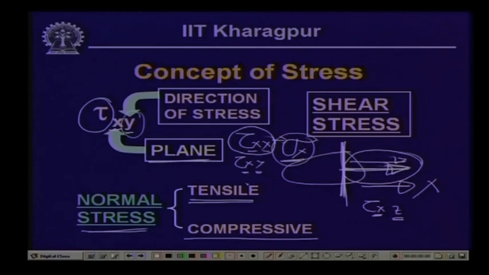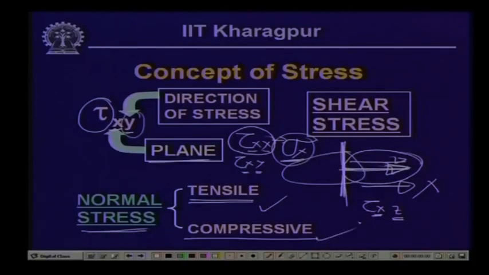Now, when this particular force is perpendicular to the plane and it tries to pull the body, we call that a tensile stress, and when it pushes the body we call that a compressive stress. We will look into more on this aspect in later lessons. Also, the stresses which act in the plane of the cut we call shear stress.